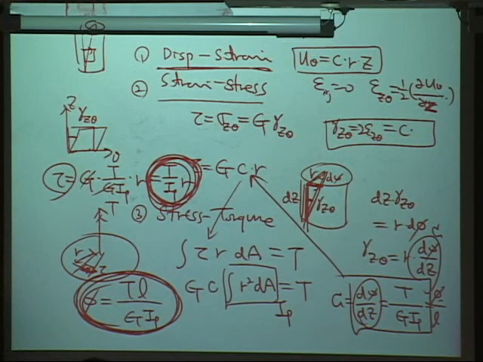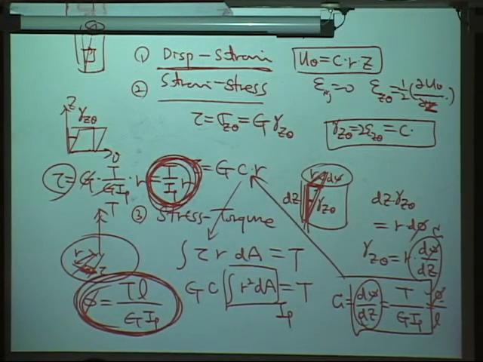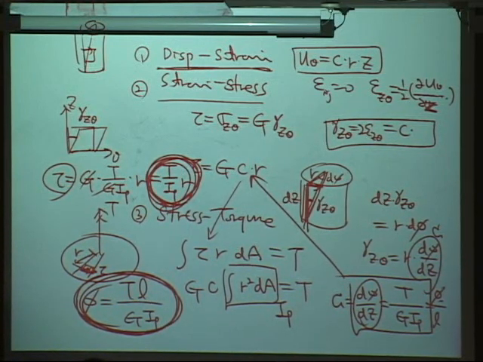Okay, let's get back to the polar moment of inertia of the cross-section, which is the integral of R squared dA. What is that? Do you know?